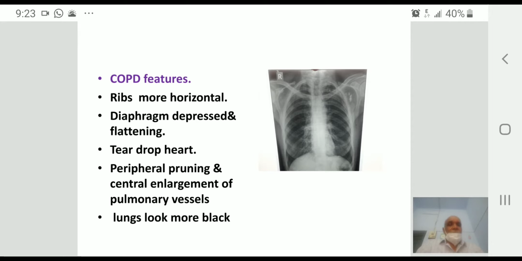The pulmonary arteries in the inner half of the lung are the central pulmonary vessels. Lungs look more black. All of the picture favors COPD.